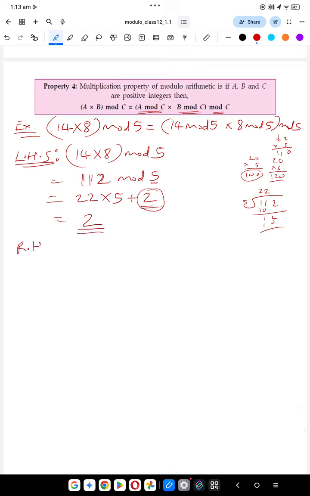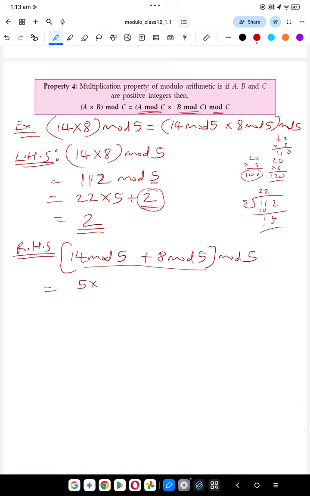So let's evaluate the RHS. What is it? It is (14 modulo 5 times 8 modulo 5) and the whole modulo 5. Let's solve for the bigger bracket. 14 is 5 into 2 plus 4, and this is our remainder.